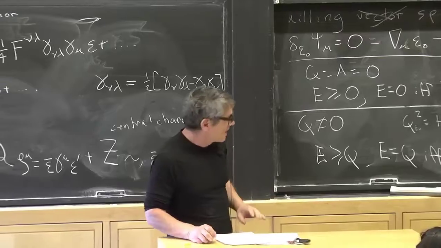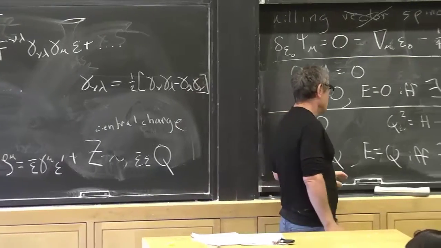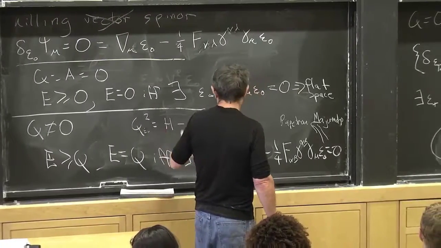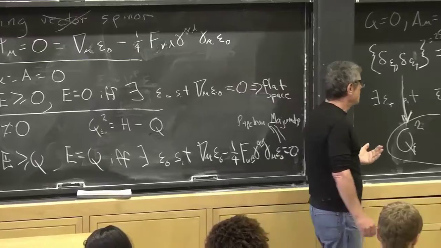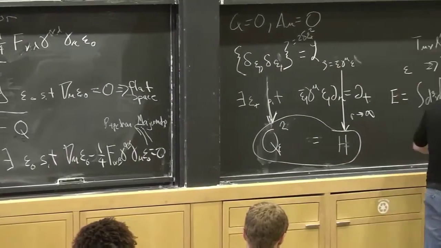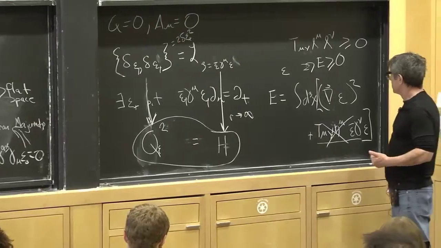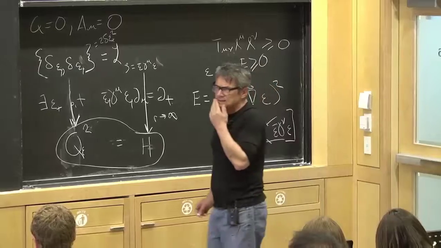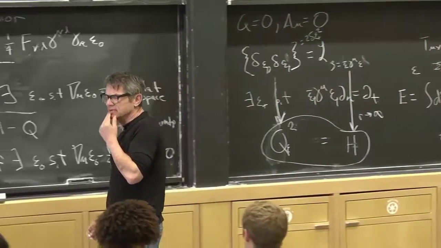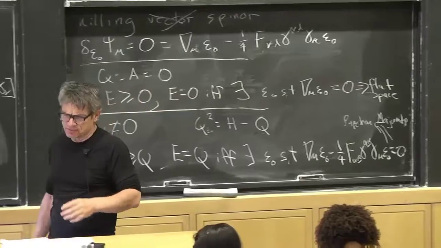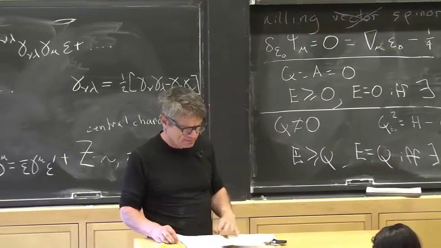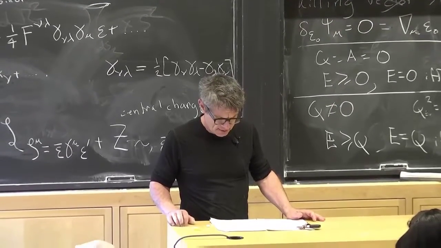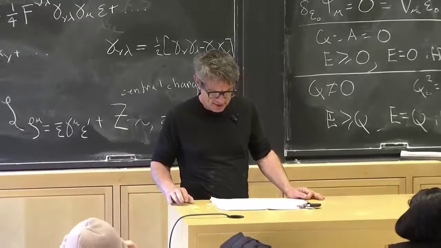And this very naive statement was made into a rigorous mathematical proof by Gibbons and Hull in 1982, shortly after Witten's paper, and that was also the first paper, I believe, to point out that these spacetimes were supersymmetric.